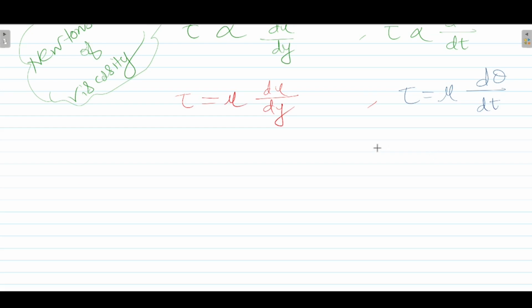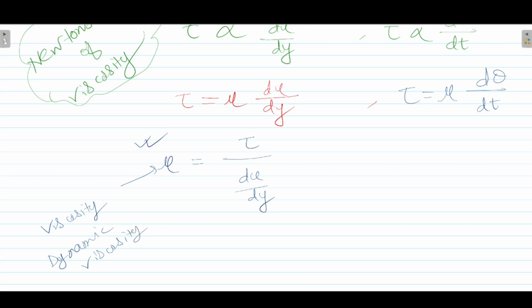Now if you want to derive mu from here, mu equals tau over du dy. From here you can define your viscosity, which can also be termed dynamic viscosity, or absolute viscosity.